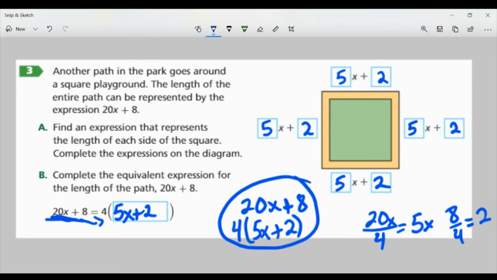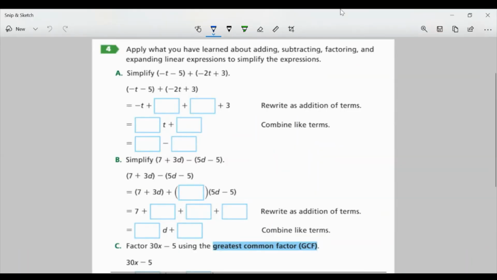So you would be able to pull 4 out of both 20x and 8. Okay, so in these assignments that you're going to be doing this week, when they ask you to factor an expression, that's what they are talking about. Okay, we're going from 20x plus 8 to 4 times 5x plus 2. All right, so let's look at the final task on page 232.